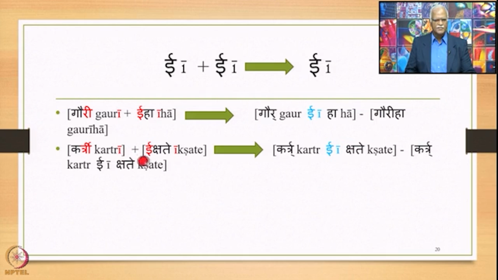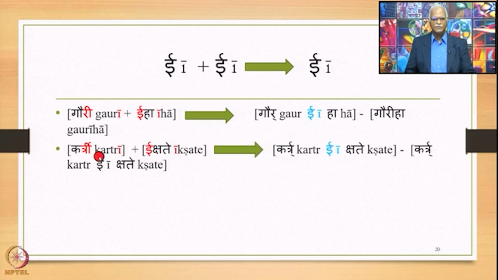Similarly, Kartri plus E Kshate, these are the two words in a sentence and Samhita is intended by the speaker. So long E is followed by long E, they both are in Samhita mode, and therefore in place of both of them long variety is substituted.